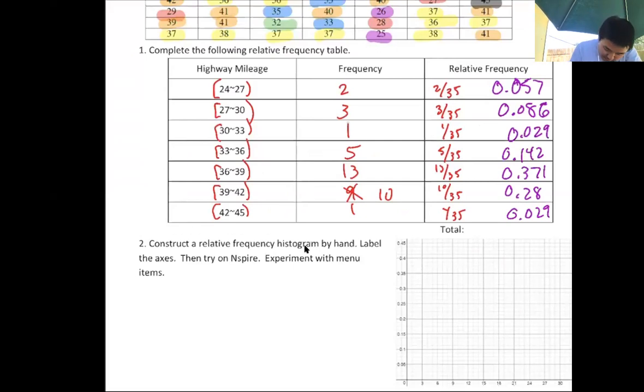We have normPDF. That's the normal probability density function. It graphs a bell curve.